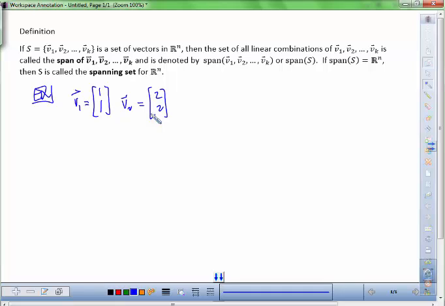The span of this would be any linear combination. So you get a w equal to some alpha 1. We use alpha for scalars, right? Remember? I forgot. Alpha 1 times v1 plus alpha 2 times v2. And it doesn't matter what alpha is. You can put any alpha you want here, and then you try to describe all these vectors that are possible in this scenario.